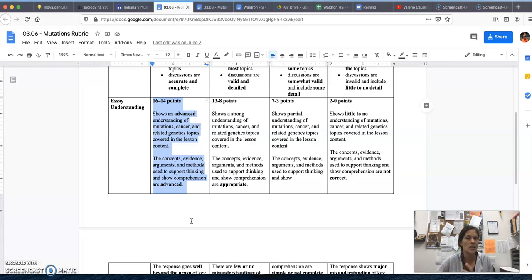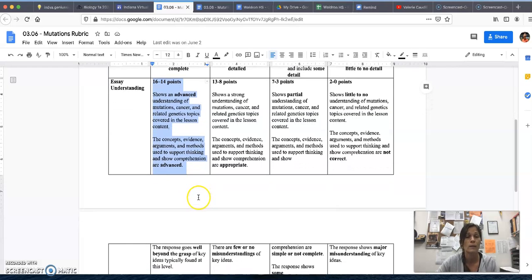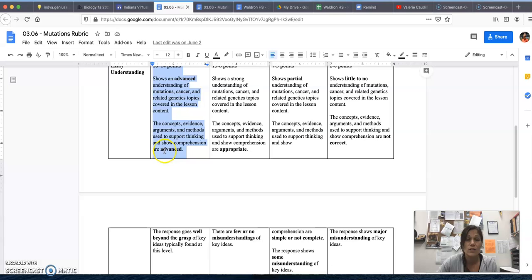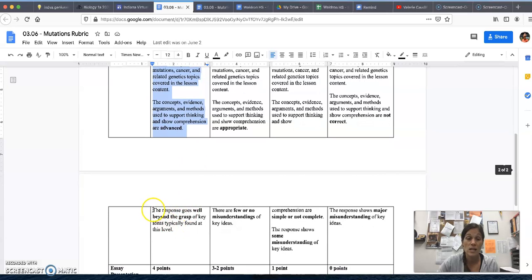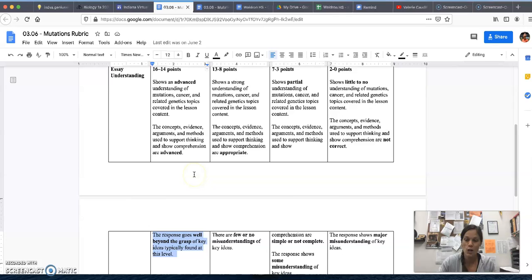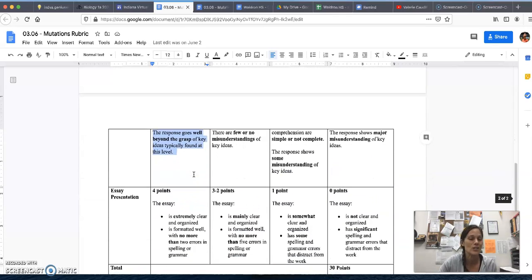So you're really tying it together. You're not just simply answering the question, but you are elaborating on it. You're proving to me that you really know what it is that you're talking about and showing that you have an advanced understanding of the topic. The concepts, evidence, arguments, and methods used to support thinking and show comprehension are advanced, and you go above and beyond what we typically see at this level. So let's see what kind of information you can really show me and prove to me that you understand what it is that you're talking about.